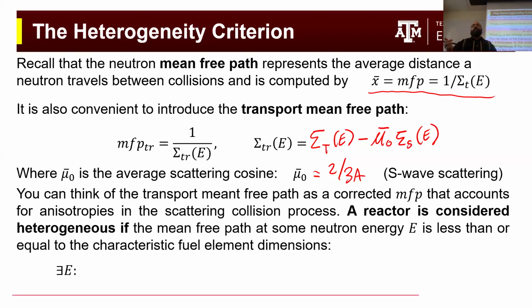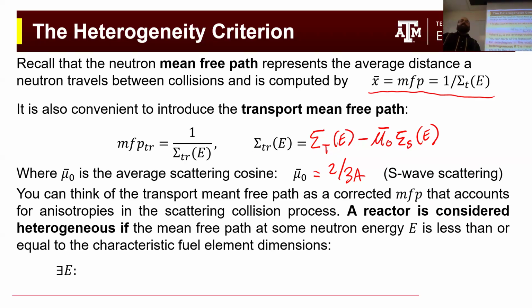If it's a real reactor problem, A is more precisely the mass of the nucleus over the mass of the neutron. But nevertheless, in terms of this transport cross section, if you know the nuclide type, then you can approximate mu0 bar, and then if you have the total cross section, you can get the scattering cross section, and then you can find the transport cross section.